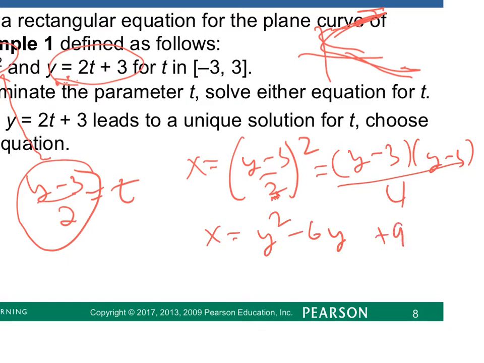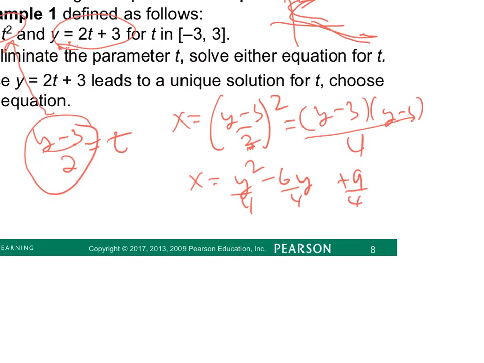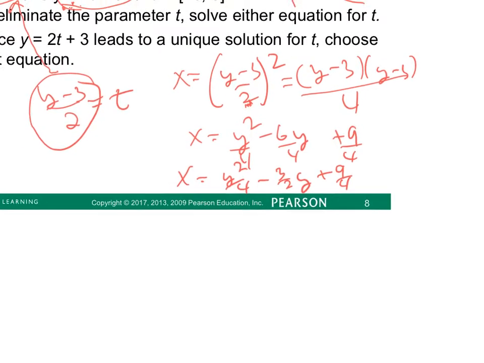Each of these are divided by 4. So this is divided by 4, that's divided by 4, that's divided by 4. So x equals y squared divided by 4 minus 3/2 y plus 9/4. That doesn't reduce. So that's an equation solved for x.